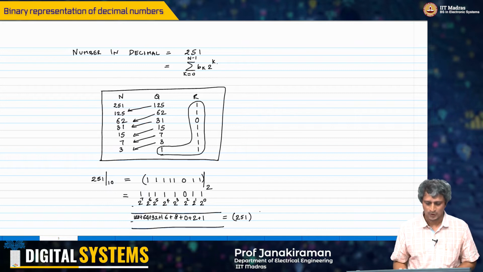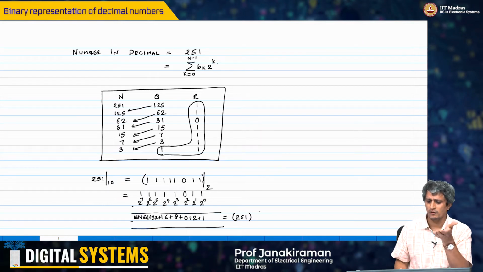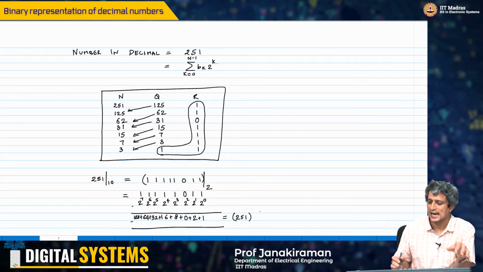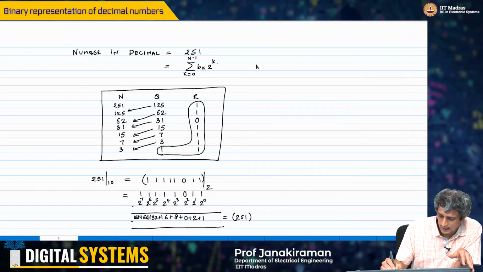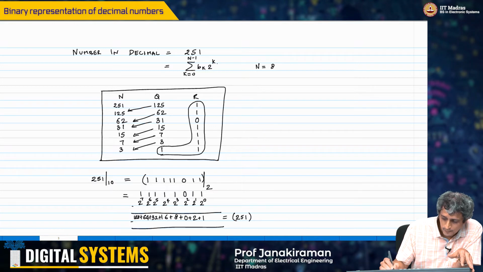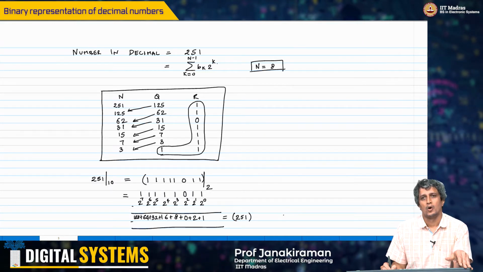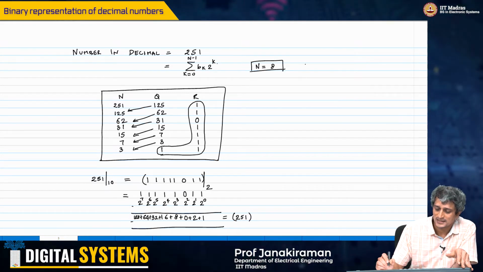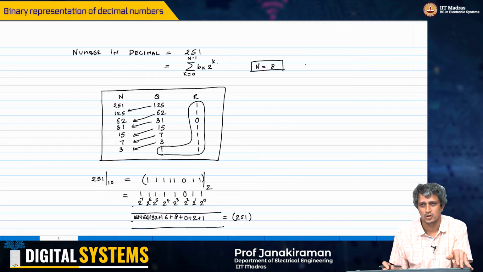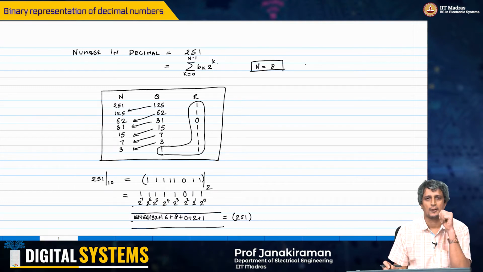And this is how you convert a decimal number into a binary representation. So, we have effectively been able to represent this as an 8-bit number. So n equal to 8 in this case, B0 to B7.